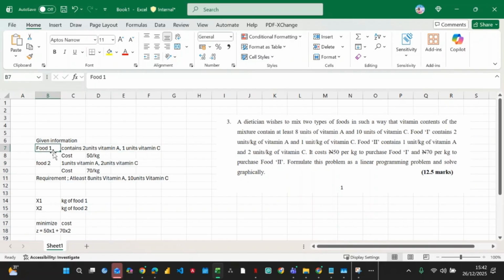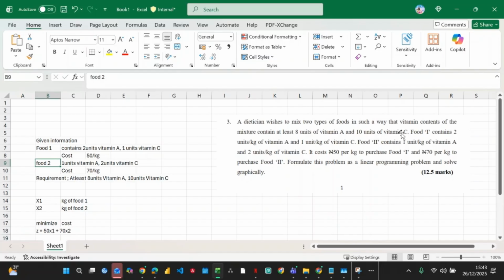It contains 2 units of vitamin A. Remember, we are going to mix this food and this food, and the mixture is going to give us at least 8 units of vitamin A and 10 units of vitamin C. That's the requirement. That is what we are trying to produce.